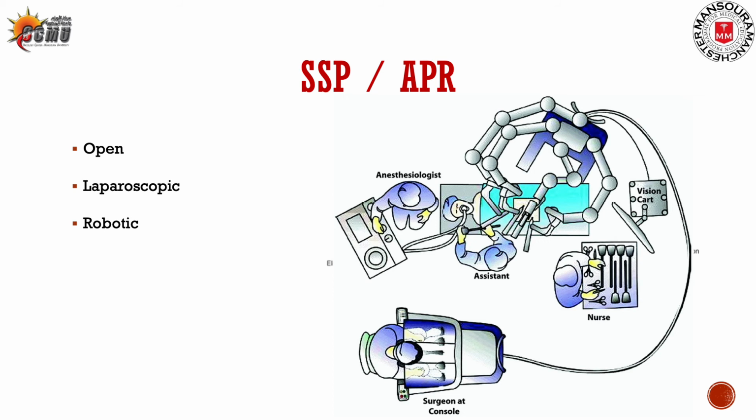The techniques are comparable in the results. There is no preference of one over the other. So it's according to the surgeon's experience with open, laparoscopic, or even robotic surgery if the Da Vinci system is available in the locality.